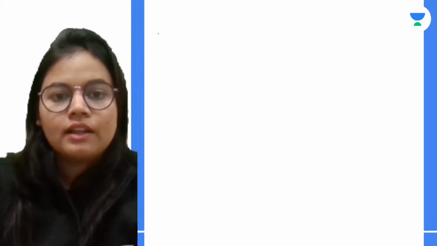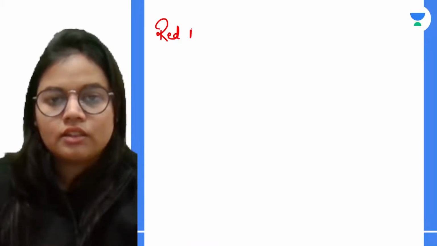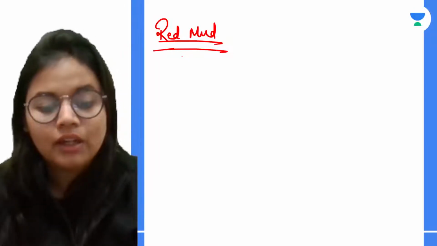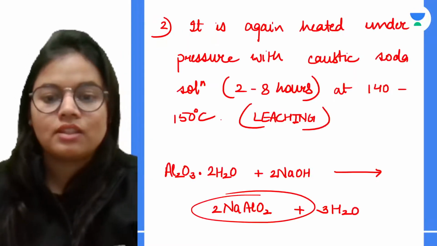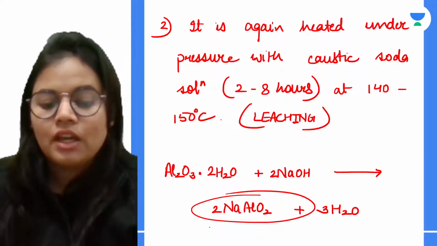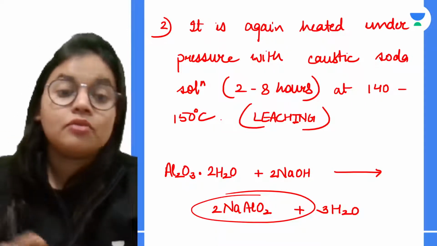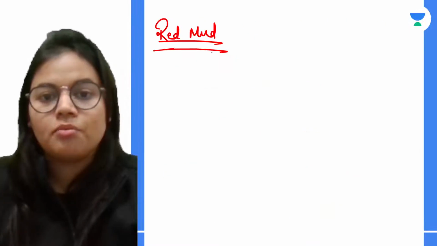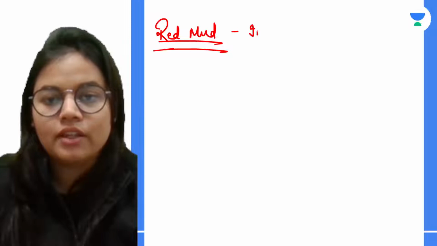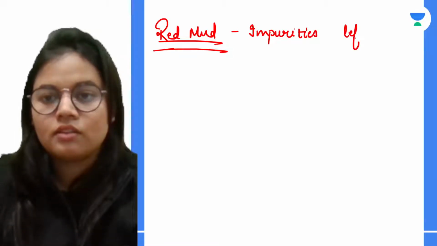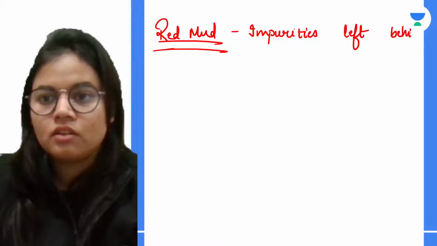Now here there is another term, red mud. What is red mud? Here, as you can see, the bauxite is dissolving to give us sodium meta-aluminate, and there are some impurities which it leaves behind. So impurities left behind the bauxite are known as red mud.